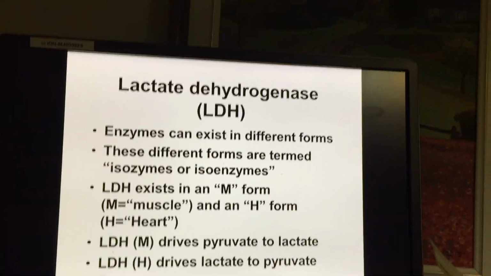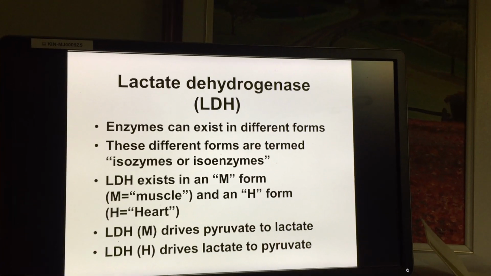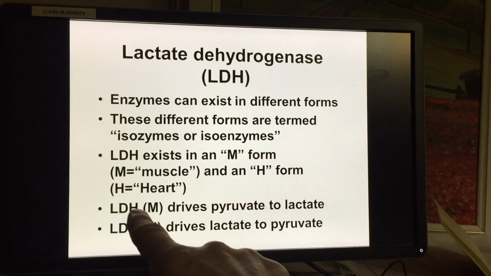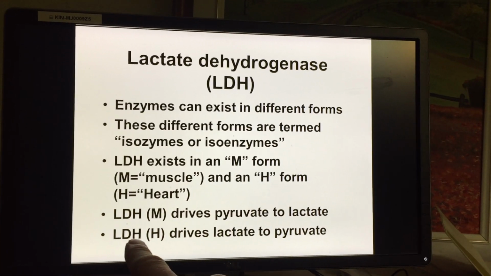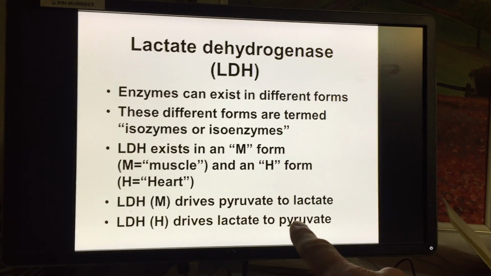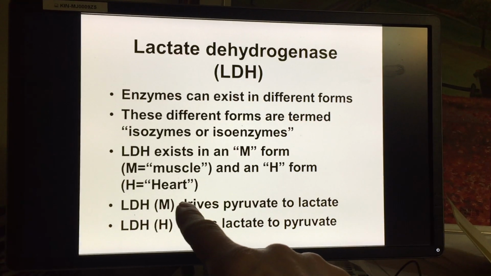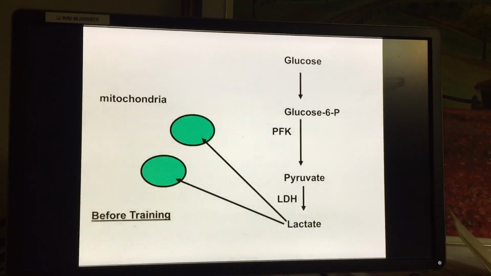So this is just a summary of the lactate dehydrogenase isoforms. You have the M form, which stands for muscle and converts pyruvate to lactate, and then you've got the H form that stands for heart, converts the reverse reaction, and this occurs in the mitochondria. This lactate dehydrogenase M reaction occurs in the cytoplasm outside the mitochondria.